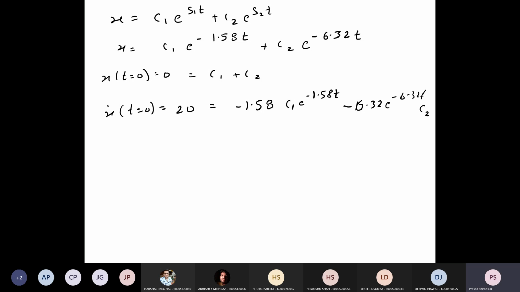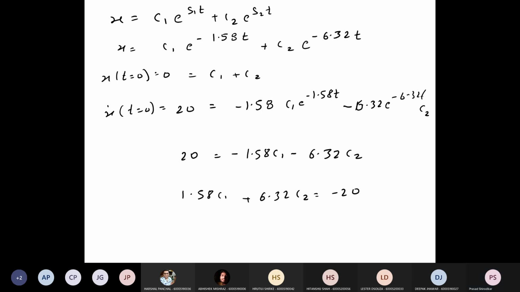Alright, so substitute t equal to 0 in this equation. Now we get another equation: 20 is equal to minus 1.58 C1 minus 6.32 C2, or 1.58 C1 plus 6.32 C2 is equal to minus 20, and C1 plus C2 is equal to 0.